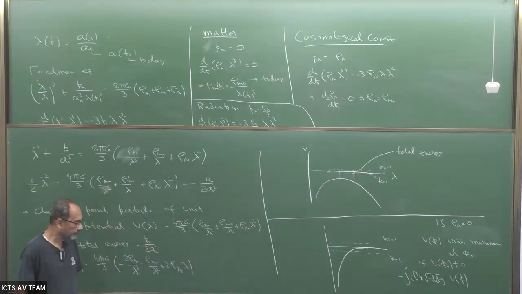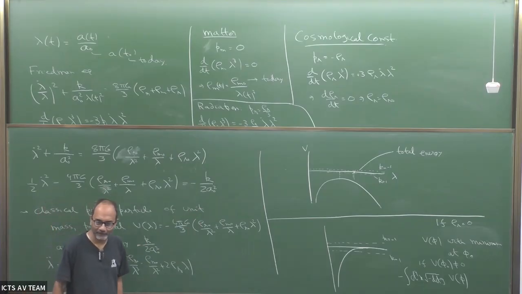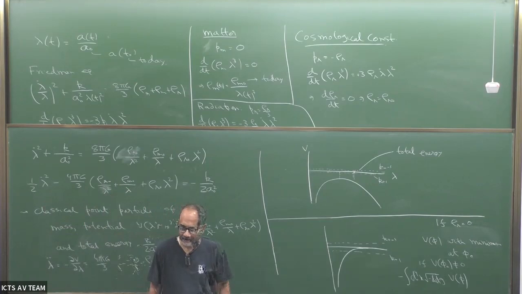Yeah, but it could be 0. As far as experiment is concerned, it's indistinguishable from 0, because no experiment has shown any non-zero value of k over a0 square.